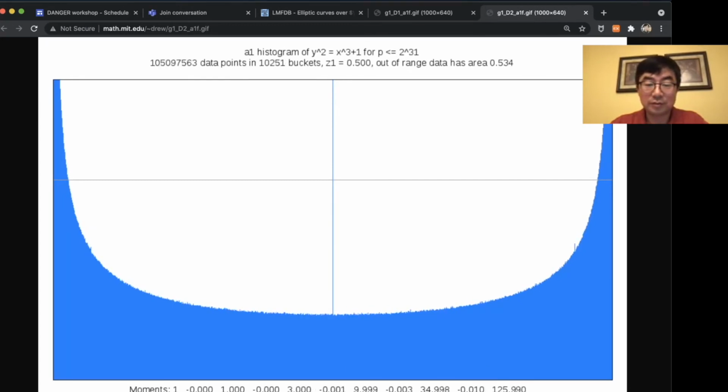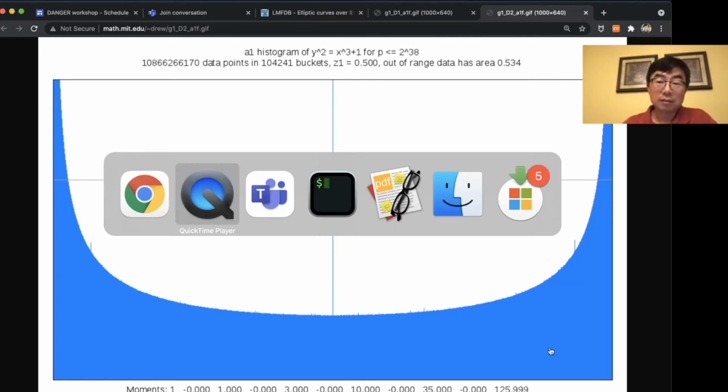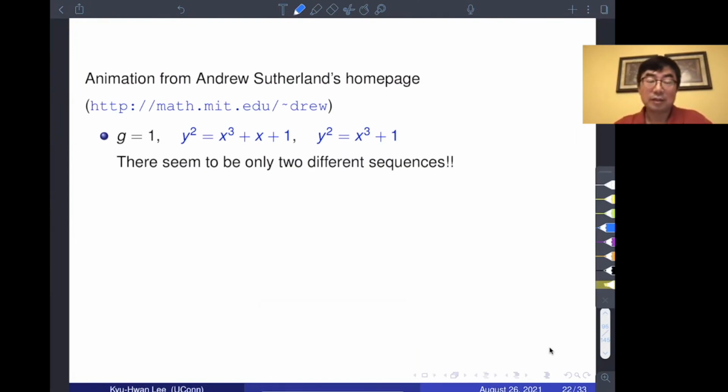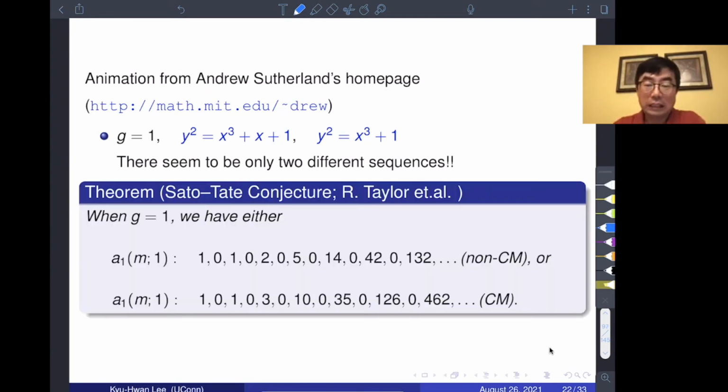As you can see, this is 3, this is 10, 35, etc. And amazingly, people recognized that there are only 2 different moment sequences. Even though there are infinitely many elliptic curves, there are only 2 different distributions. And that was the famous Sato-Tate conjecture.